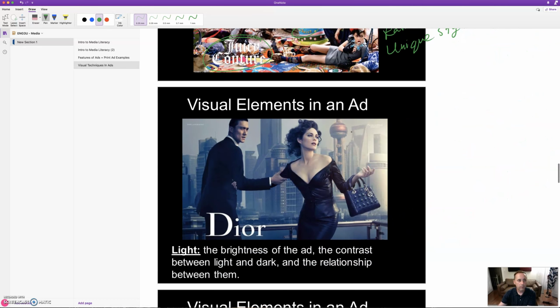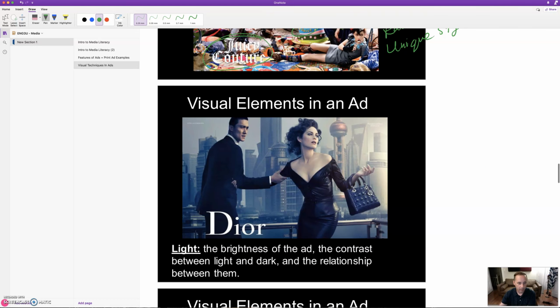All right, this one's interesting for use of light and darkness. So if you think about brightness and contrast, light and dark, and the relationship between them. So we've got our setting here. Let's think about a story here for the setting. Where are we?